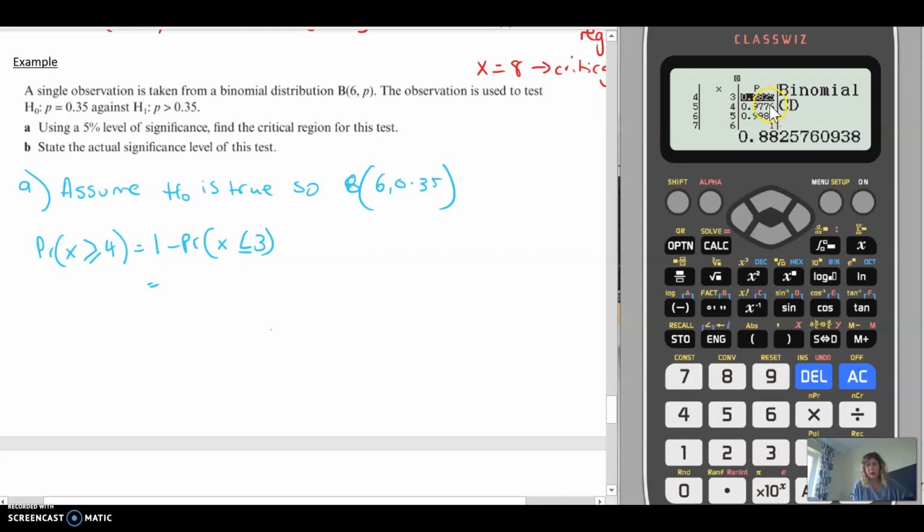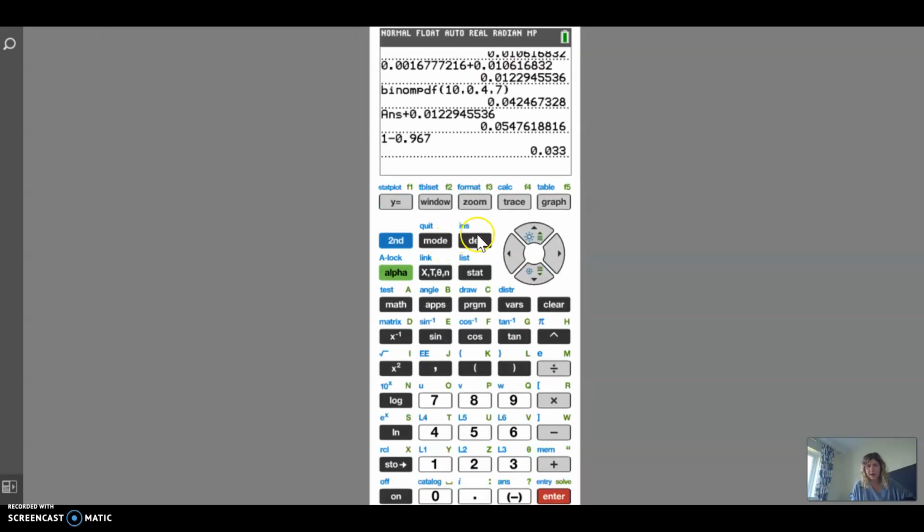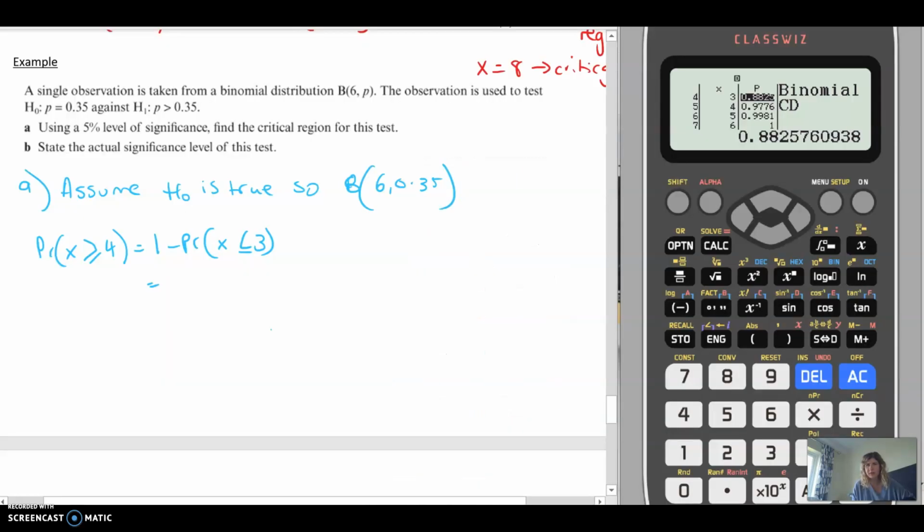So if we do 1 minus, let's do it on my other calculator, 1 minus 0.8825, that's 0.1175. So if we got that as a score, we would accept our null hypothesis, and nothing would come from that.